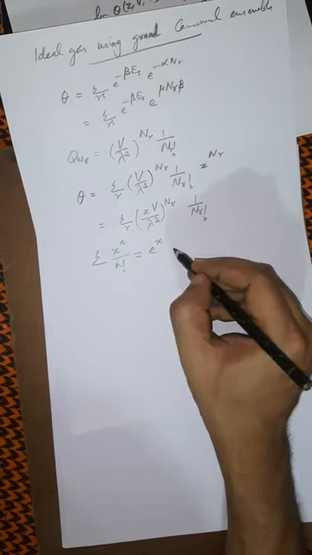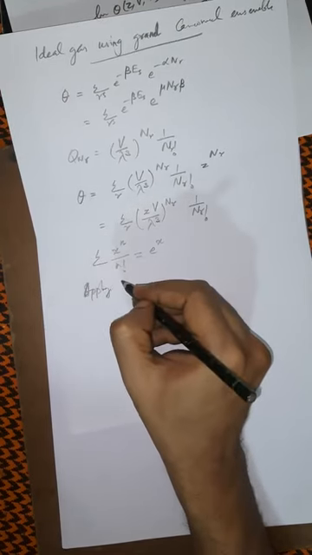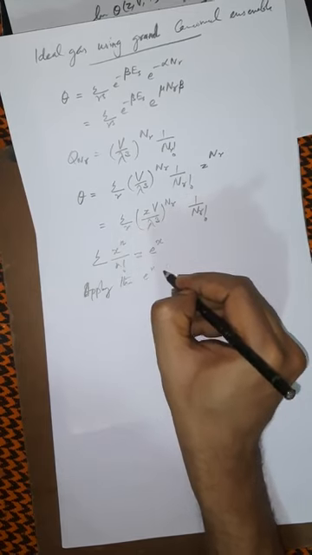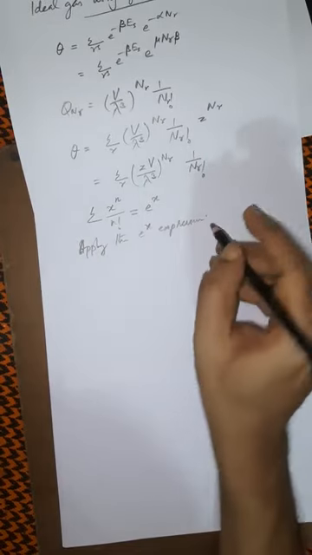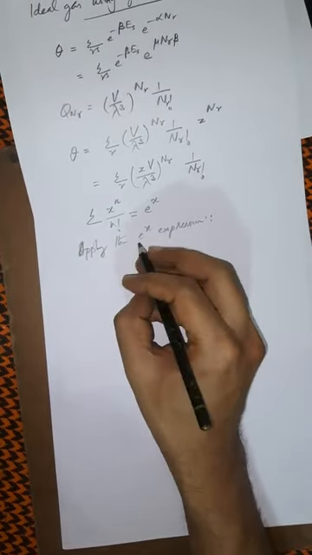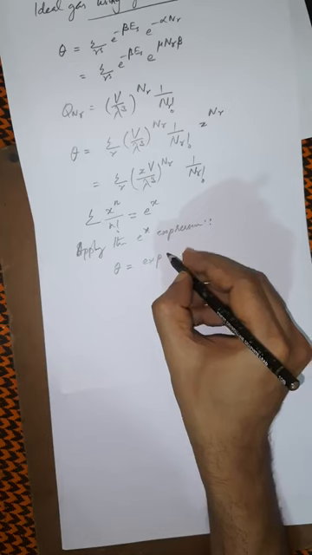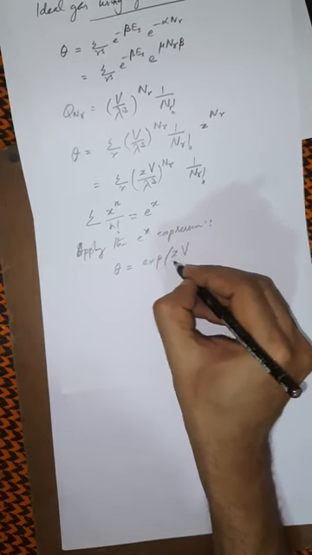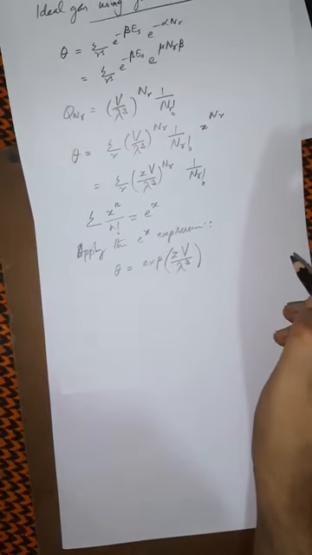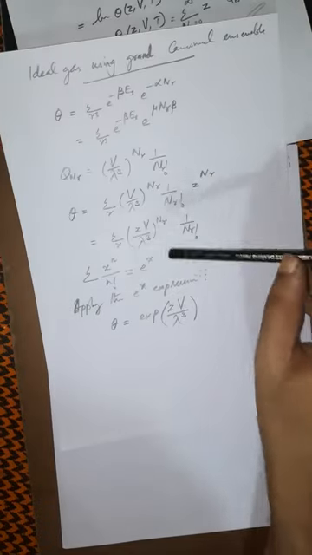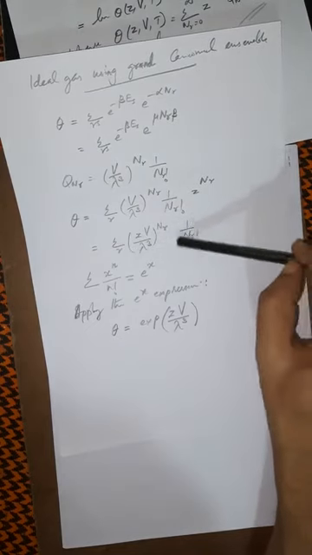So if I apply this e raised to x expression, I can write down theta is equal to exponential of zV by lambda cube, because this is our x raised to n, and this is Nr factorial.